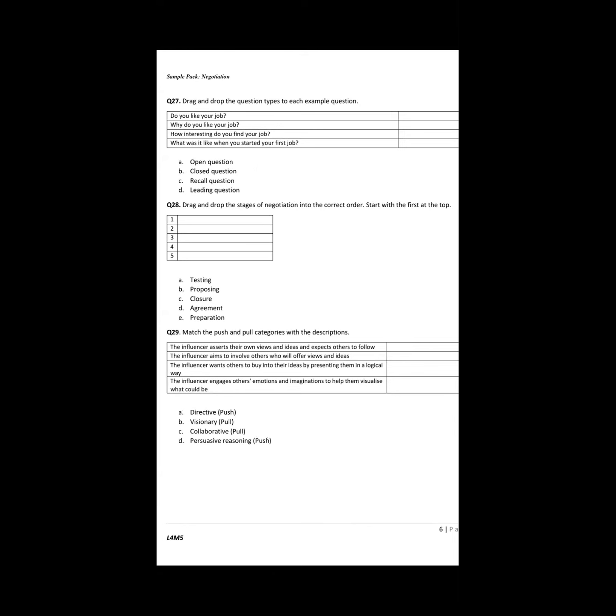Testing. Proposing. Agreement and closure. So PT pack. Okay. PT pack. You can put it in your protege.